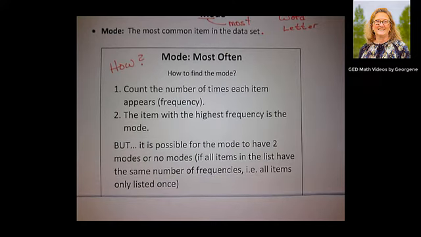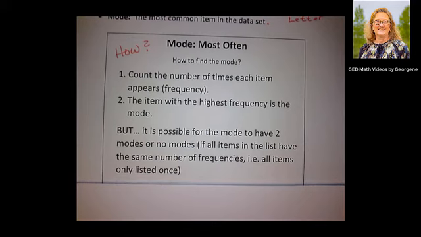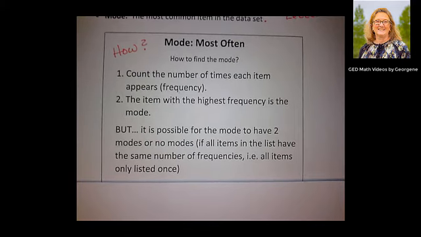But there's a but here. It is possible for an item set to have 2 modes or maybe no modes. If all the items in the set have the same frequency, for example, say I'm working with 5 students and they all are different ages, well, then there is no frequency.